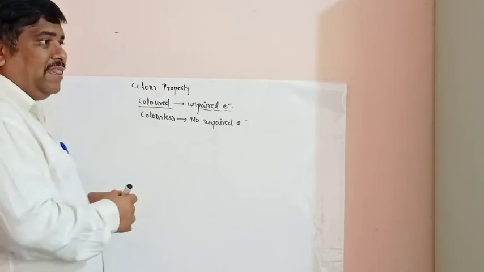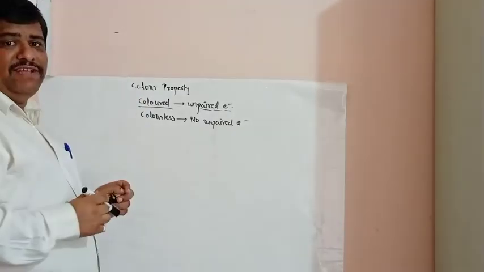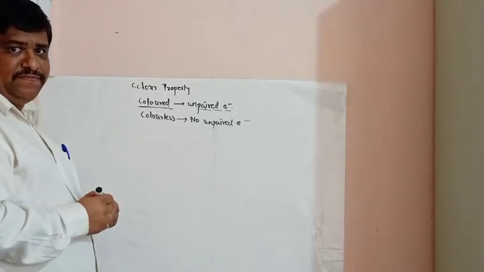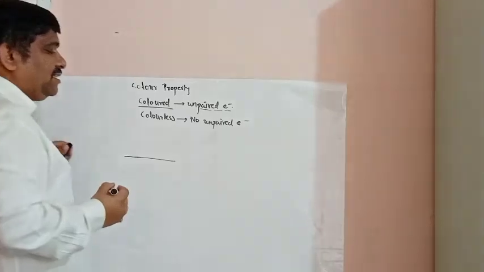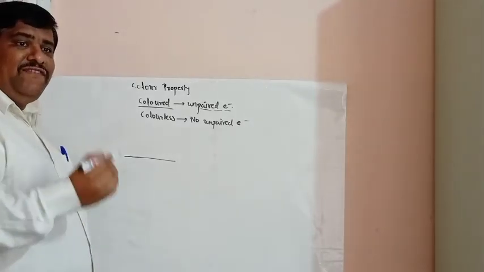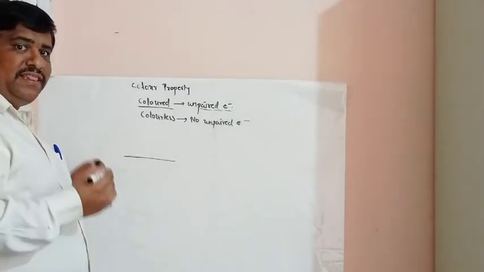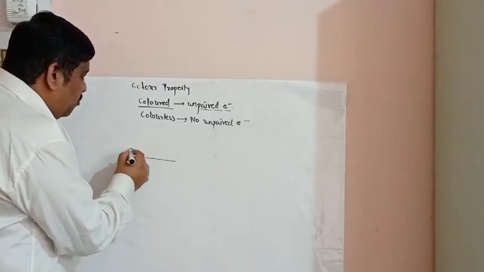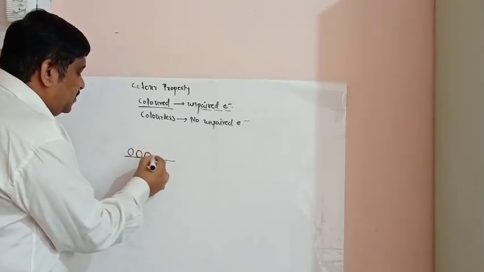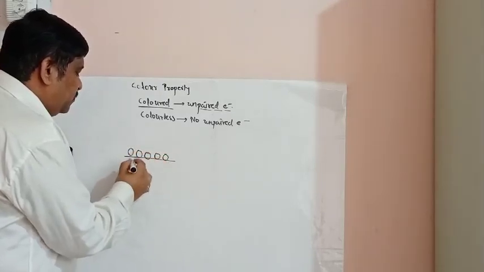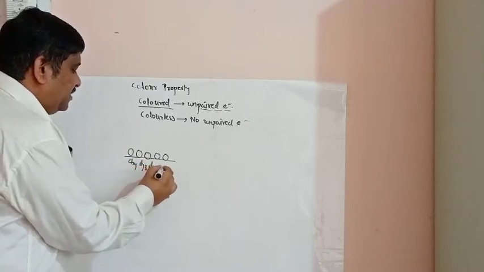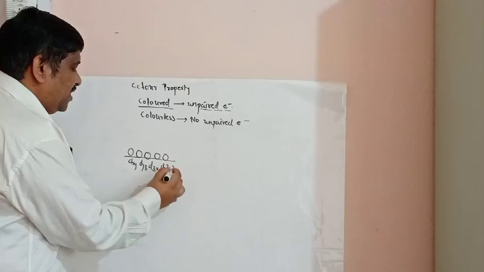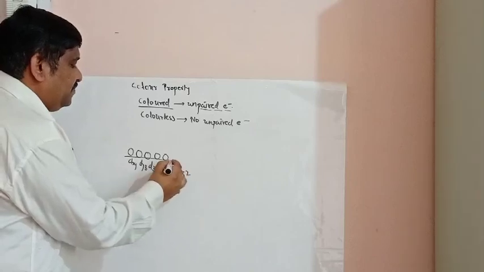So look here, there are two energy levels in the d block elements. You know that the d block elements consist of a partially filled d subshell. In the d subshell you have 5 orbitals: dxy, dyz, dzx, dx square minus y square, and dz square.